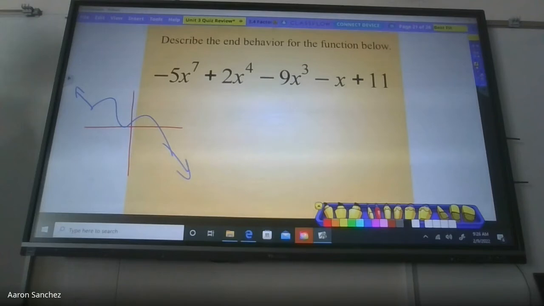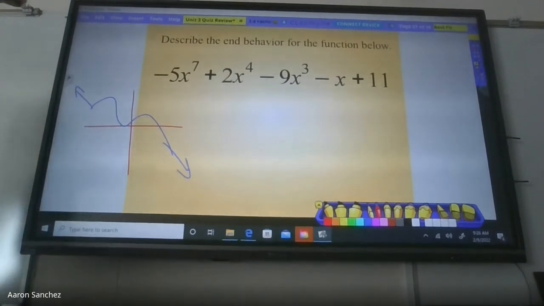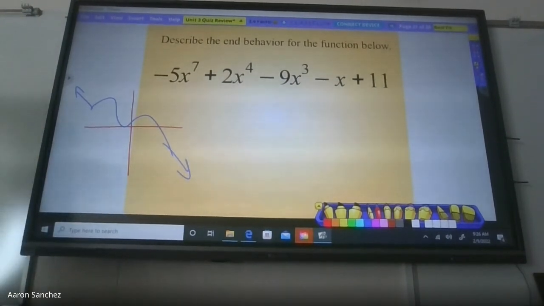Okay, you guys ready for how to write it? Now let's just think of it logically, not memorization. We want to figure out what's going on this way and what's going on that way. What coordinate goes left and right?